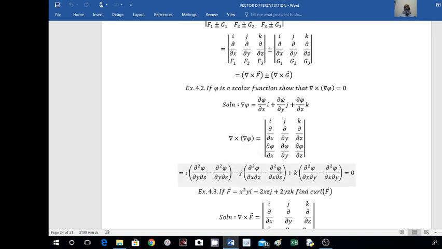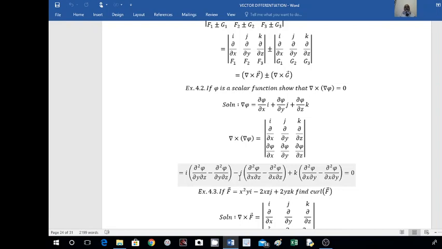Now this is equal to, if I expand this, i into dou by dou y of dou phi by dou z, means dou square phi by dou y dou z, this one, minus dou by dou z of dou phi by dou y, that is dou square phi by dou y dou z.